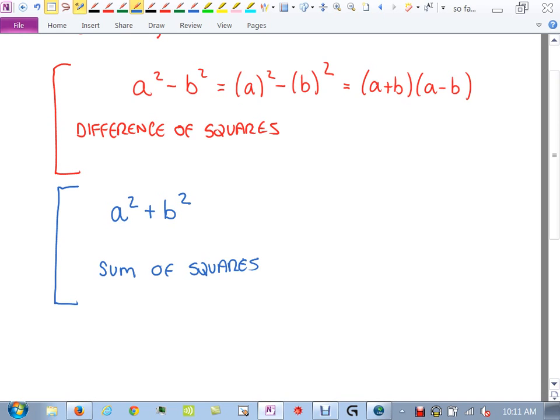Because that's basically factoring. That's what we've done. We've taken two things being subtracted, we turn it into multiplication. So if you have a sum in between them instead of a minus, is there a formula for it? And it turns out there is not.